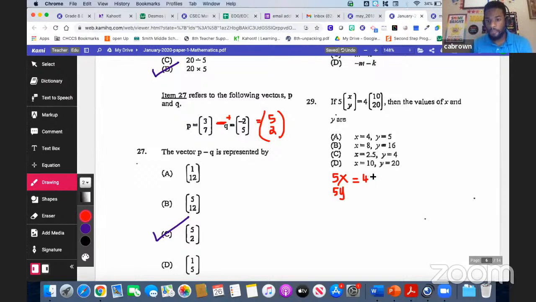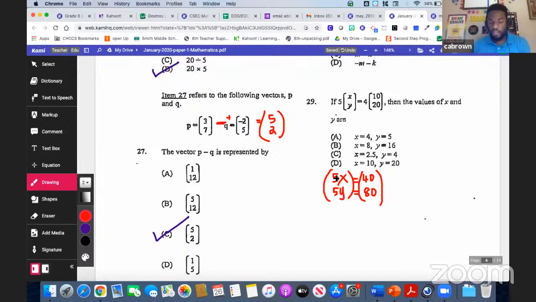And 4 times 20, that's 80. So pretty much we want to find what x is and what y is using this information. It's like two equations we're given.